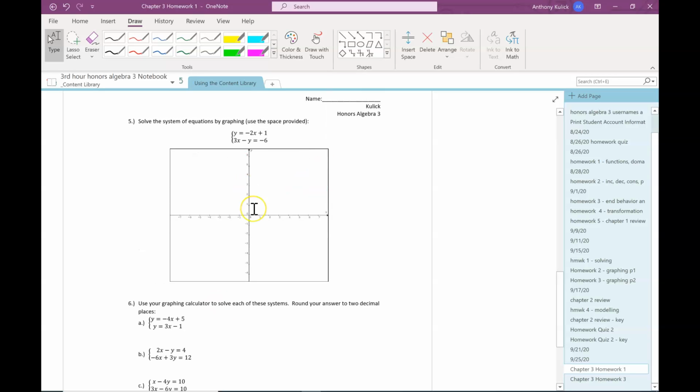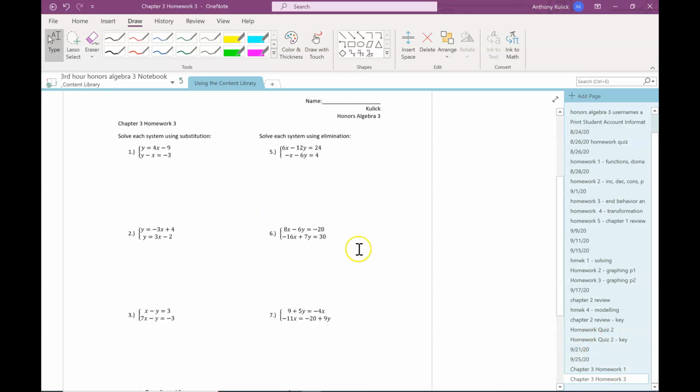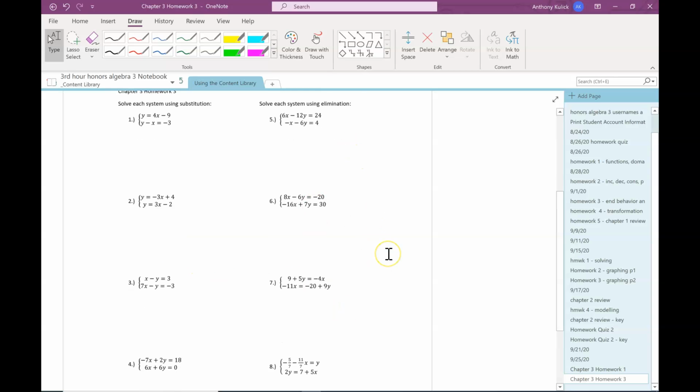There's one I ask you to do by hand just so that you can say you've done one by hand. And then homework 3 has 4 substitution problems and 4 elimination problems. Okie doke. So not too much stuff to do, right?